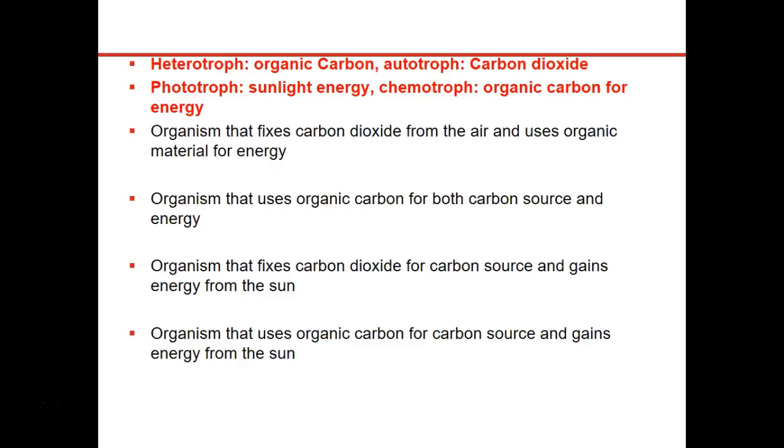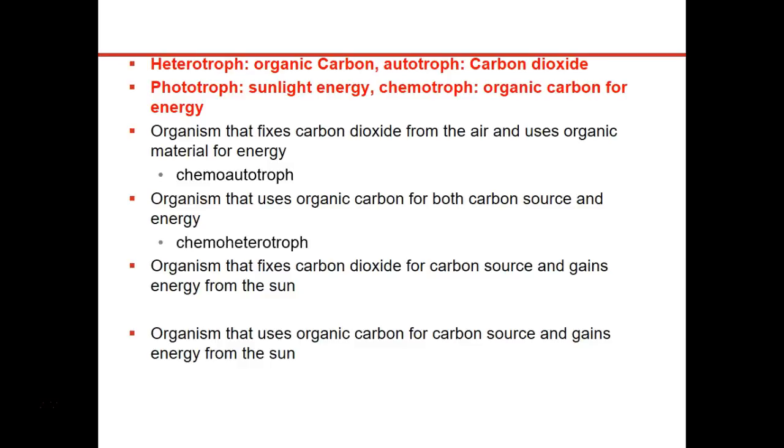So if you are an organism that fixes carbon dioxide from the air and uses organic material for energy, what are you? You are a chemoautotroph. If you are an organism that uses organic carbon for both carbon source and energy, that's what humans are.